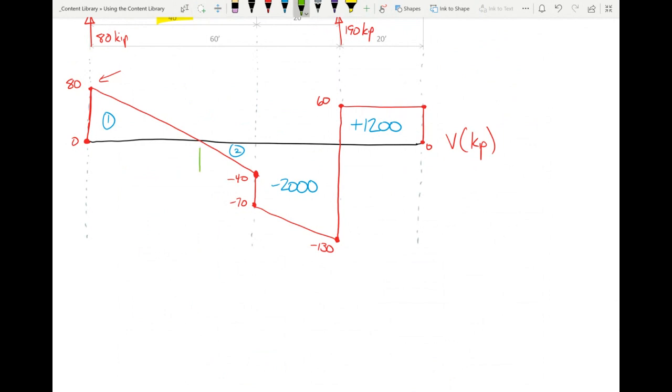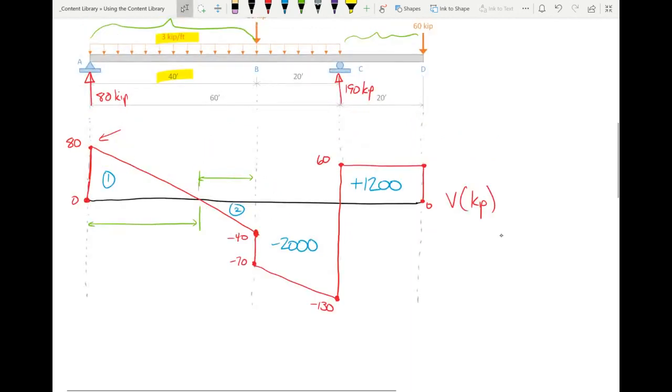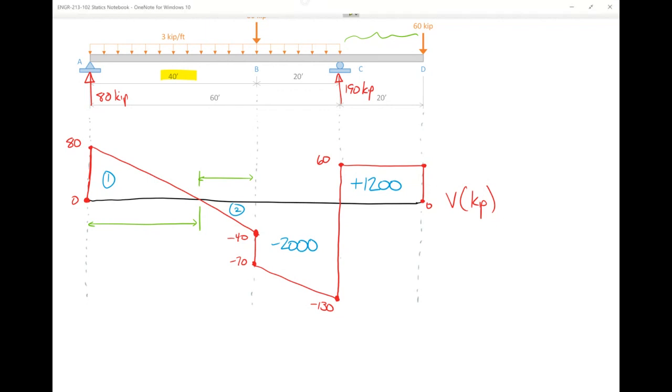So we need to know this dimension here, and we need to know the similar dimension up there. Now, first thing to keep in mind is that this entire width is 40 feet, right? So we're talking about this dimension right there, right? So these two distances have to sum up to be 40 feet, okay?